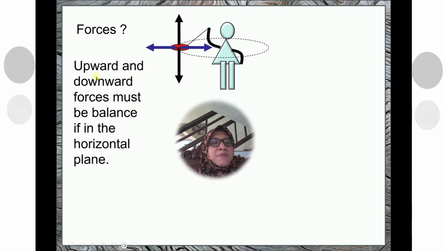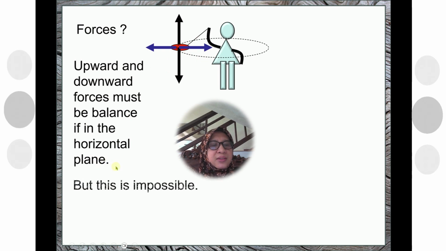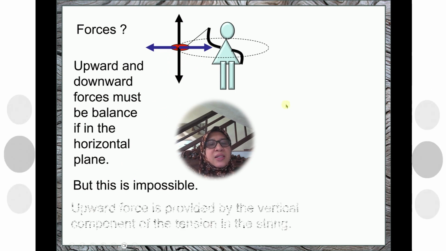The upward and downward forces must be balanced if the stone is to be whirled in a horizontal circle. But this is impossible if it is whirled horizontally.